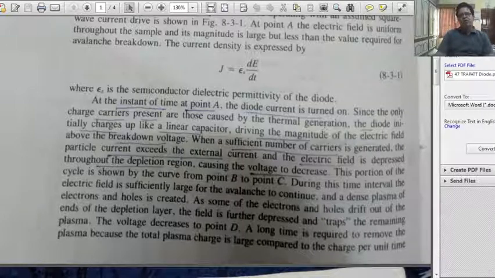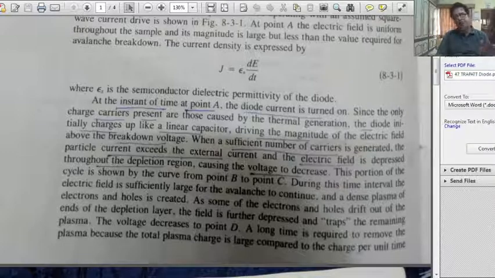The diode initially charges up like a linear capacitor, driving the magnitude of the electric field above the breakdown voltage. When a sufficient number of carriers is generated, the particle current exceeds the external current and the electric field is depressed throughout the depletion region.